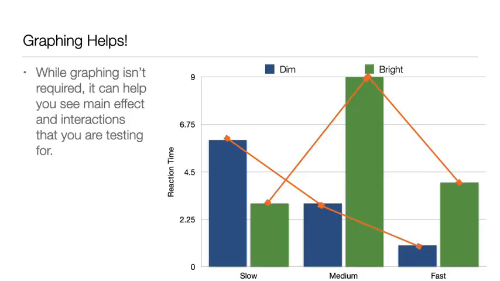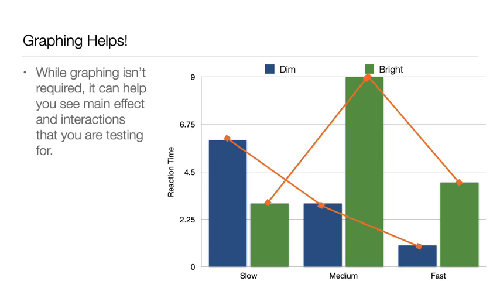Now, graphing is not required, but it can really be helpful. When we look at this, we can see that there's likely an interaction here. We see the crossing of those lines. When we look at dim lighting, as tempo gets faster, reaction time goes down.